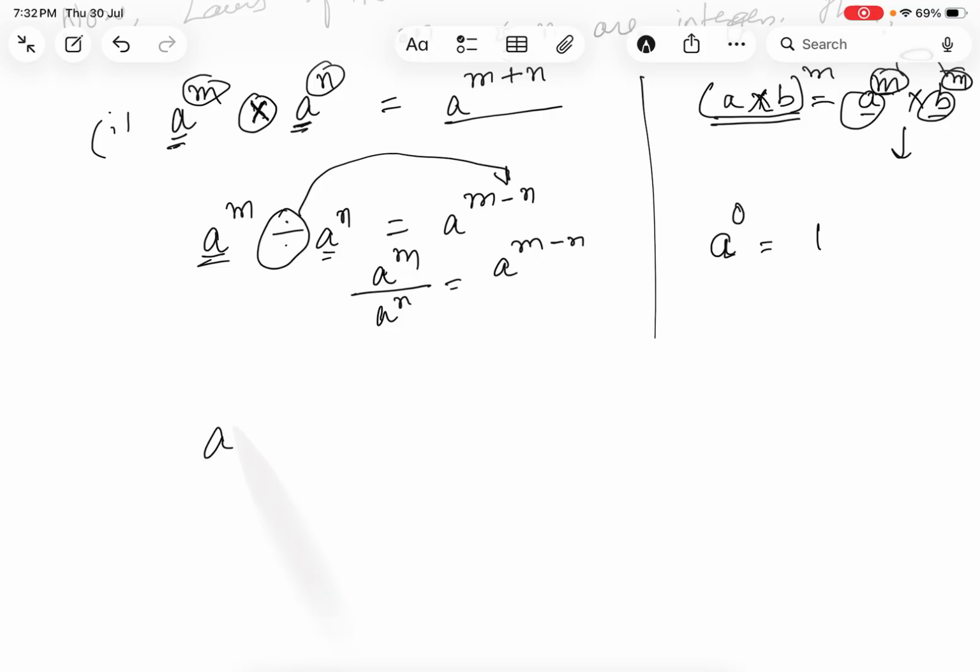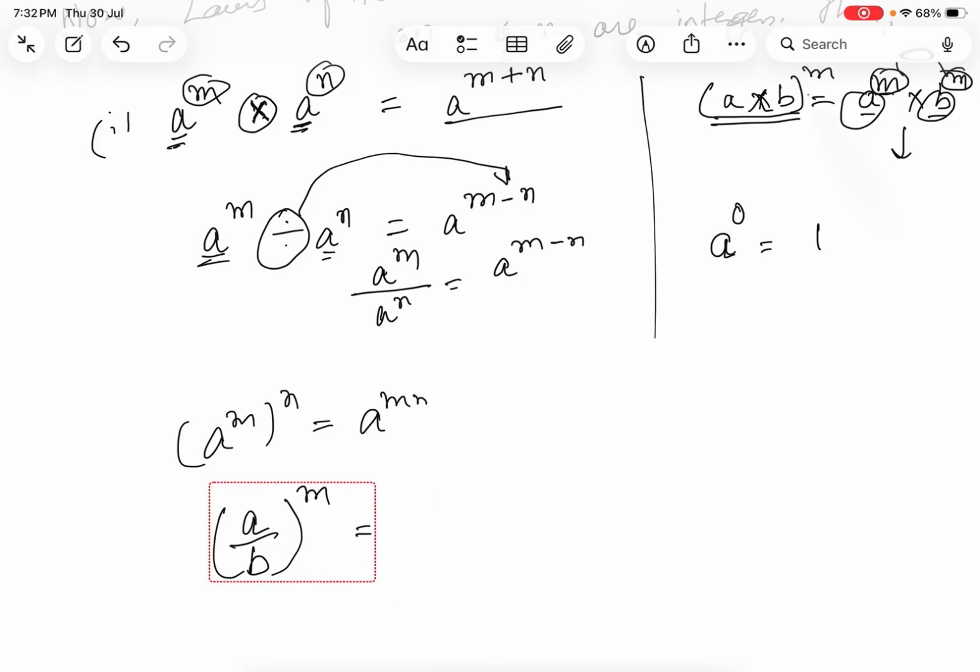Next you have a to the power of m, whole to the power of n. This can be written as a to the power of mn. Okay. Next we have a by b whole to the power of m. Like we did in multiplication, similarly this is a to the power of m upon b to the power of m.